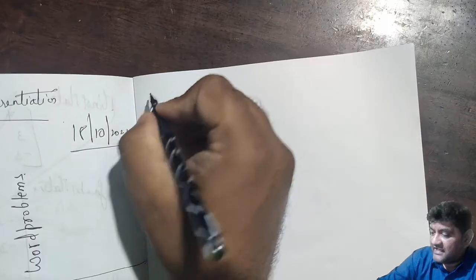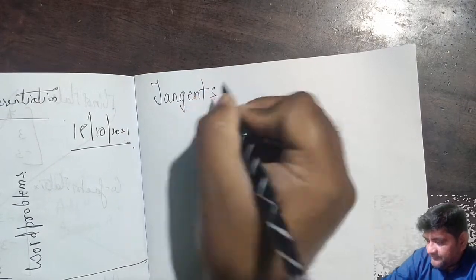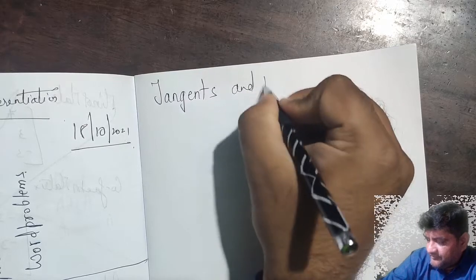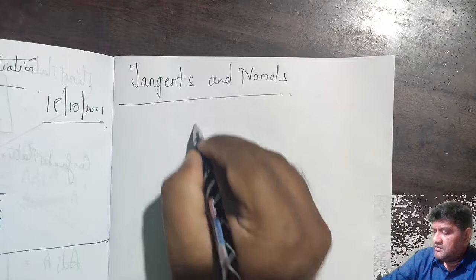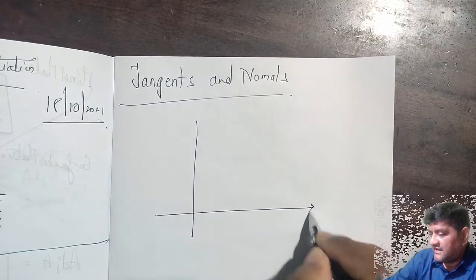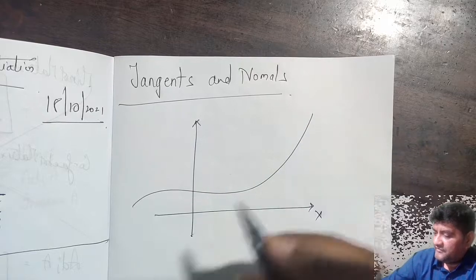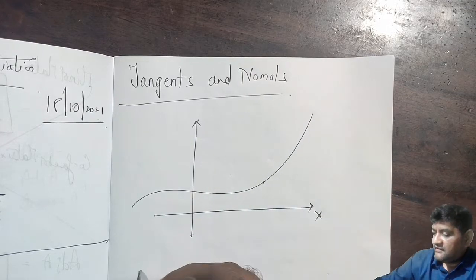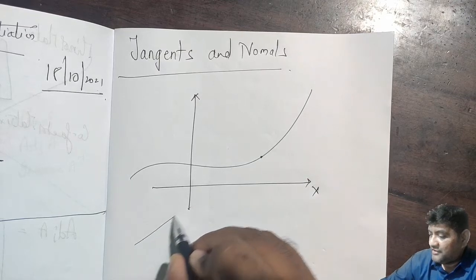What do we have under tangents? Y-axis, x-axis. Let's say this is a curve. There's a point here. I draw a line touching the curve at this particular point.